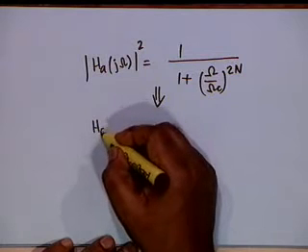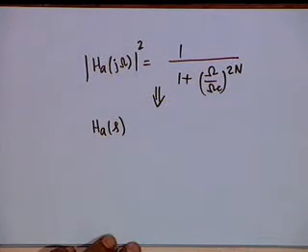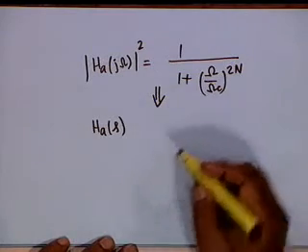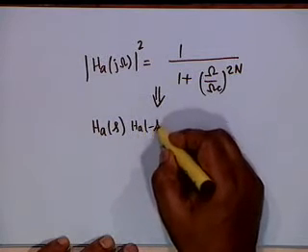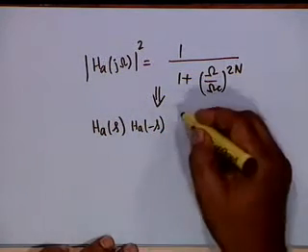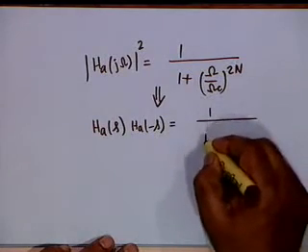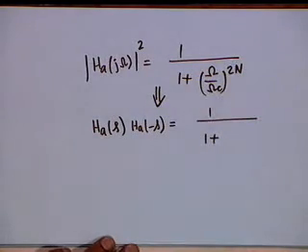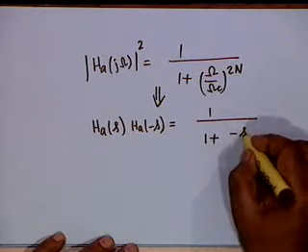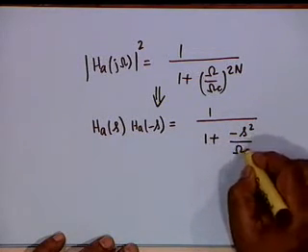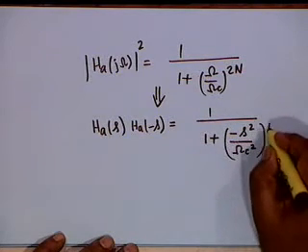For designing the filter we require the transfer function HA of S. In the S plane we require the transfer function, and the process of analytic continuation says that HA of S times HA of minus S should be equal to 1 plus, you just replace omega by S by j, and therefore omega squared by minus S squared by omega c squared, to the power n.